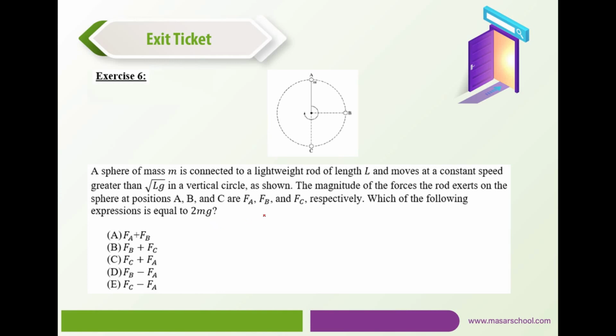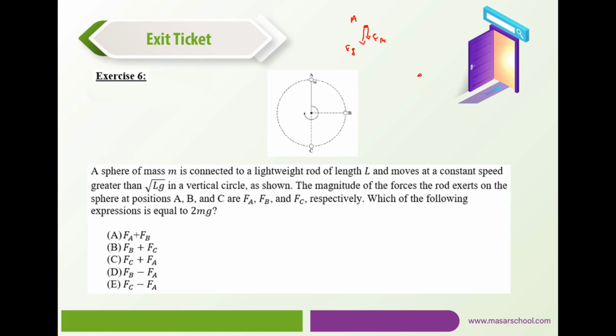Then we need to utilize the different forces acting at the points A, B, and C and determine the expression of each. This can be done by using Newton's second law. At point A, we have the pull of gravity down, and we have the force exerted by the rod on the sphere m, and you can understand that as similar to the tension force, then that would be Fa.